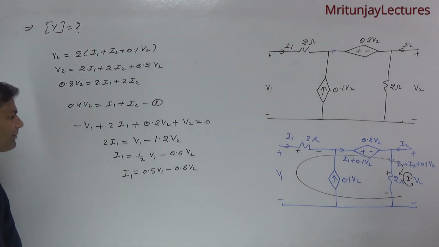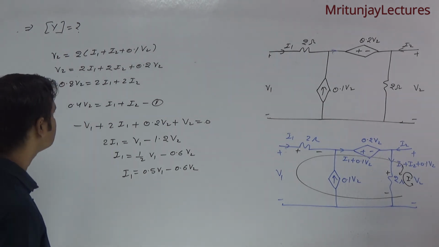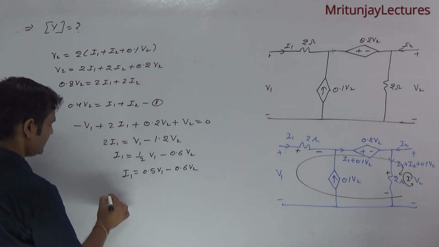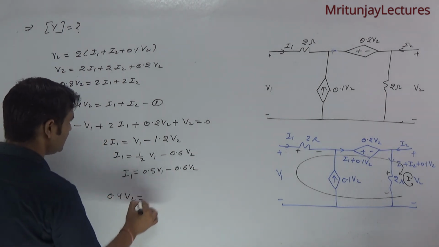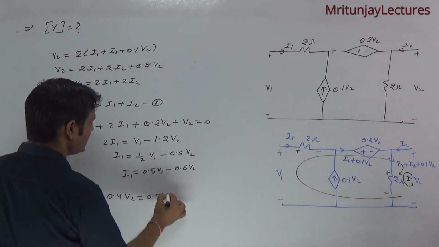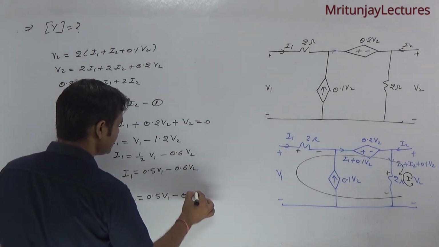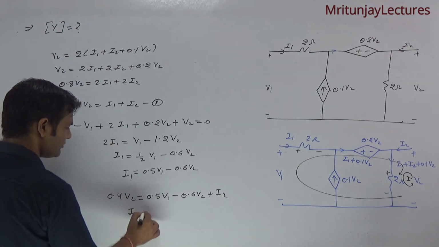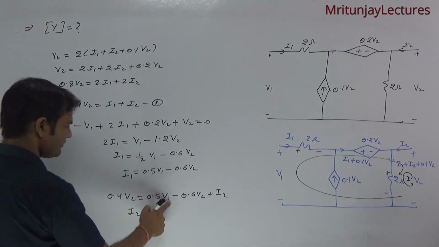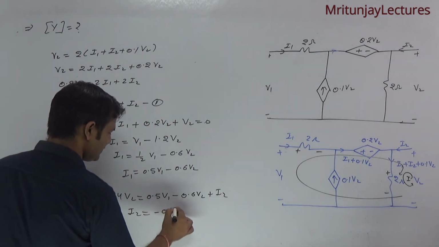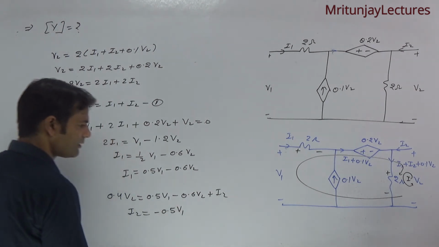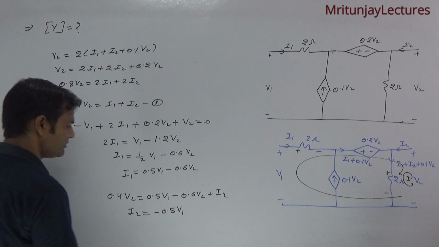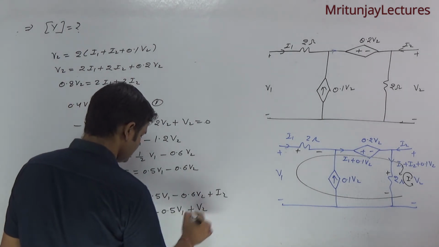Okay, now another way, if this value is put here, then we got 0.4 V2 is equal to 0.5 V1 minus 0.6 V2 plus I2. So I2 is equal to minus 0.5 V1, and if this corresponding to here, that is 1 V2.